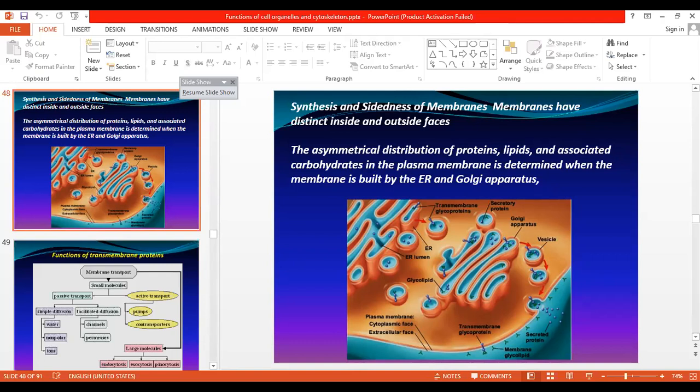What is the difference between channels and carriers? Through channels, ions go; through carriers, other molecules go. Ions cannot go through the bilayer, so they have to be protected from the bilayer and go through the ion channels. Understand? But with a carrier, any other molecule can bind to the carrier protein and be transported.